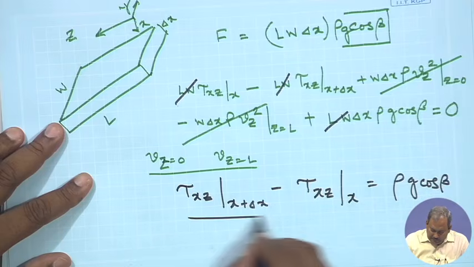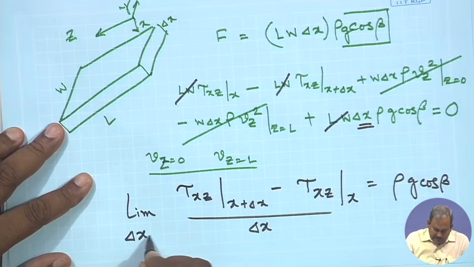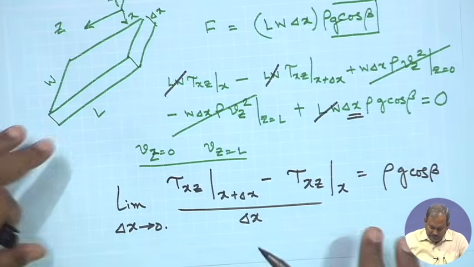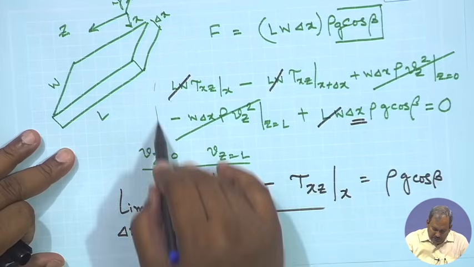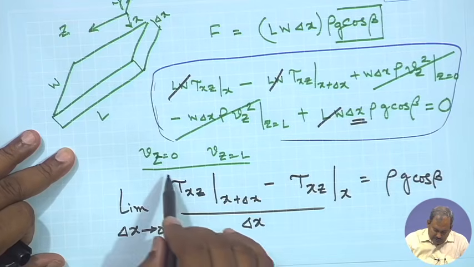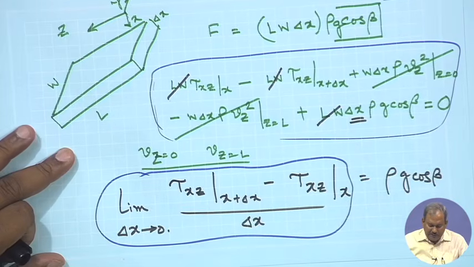And I bring this del x over, and I take the limit when del x tends to 0. So this entire equation that I have written is a statement of the physics of the process, and what I have done over here is the definition of the first derivative.